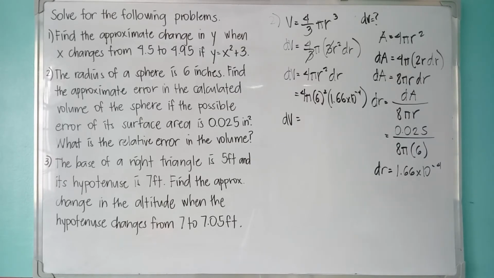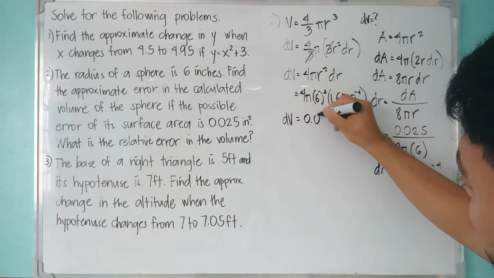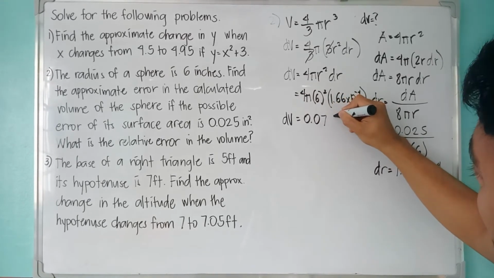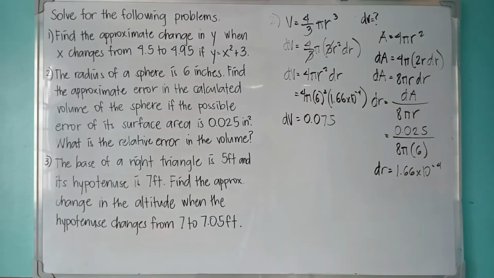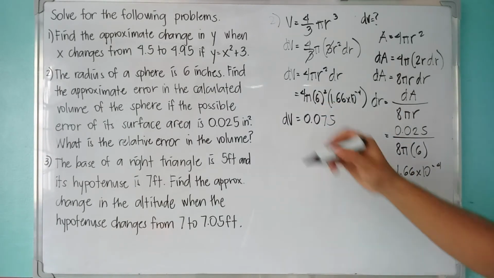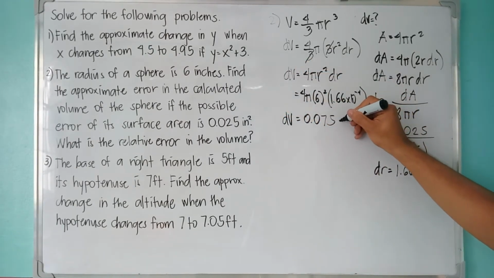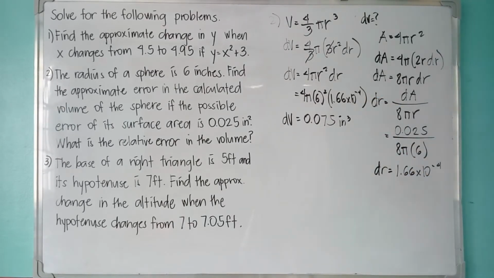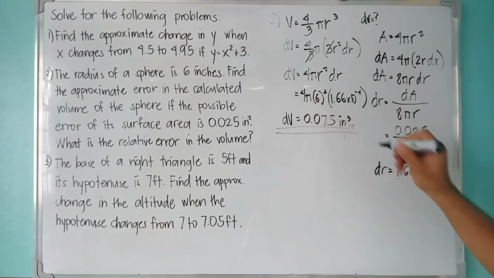Meron tayong 4 pi times 6 squared times yung error natin. So ang lalabas na value is 0.075, di ba? So since error in the volume tong hinahanap natin, since naka-inches squared tayo, let's assume na unit nito is cubic inches. Ito ngayon yung isa sa mga hinahanap natin.